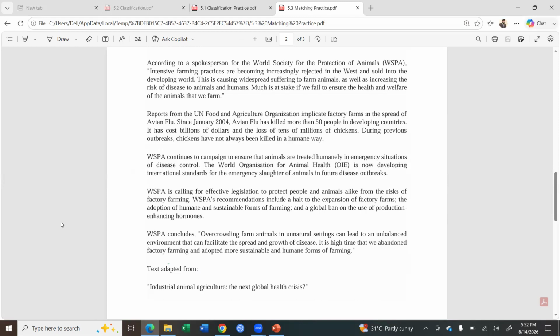WSPA. Okay, what does it say? Use of production enhancing hormones. When hormones enhance, then the size of the animals increases. Okay, you mean here in the second last paragraph: include a halt to the expansion of factory farming, the adoption of a global ban on the production enhancing hormones. This one. Which paragraph?